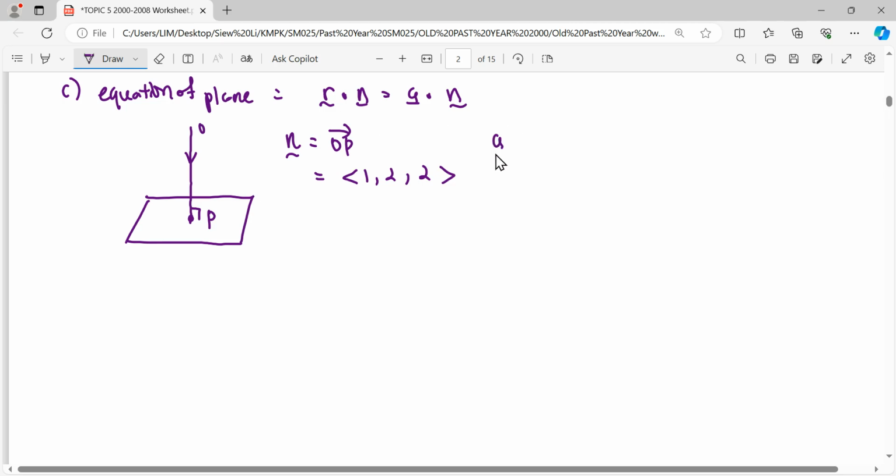And then we need to find the point that the plane passes through. The plane passes through the point P, so the point P here will be the position vector (1, 2, 2). Then we put into the equation r dot n equals to a dot n.